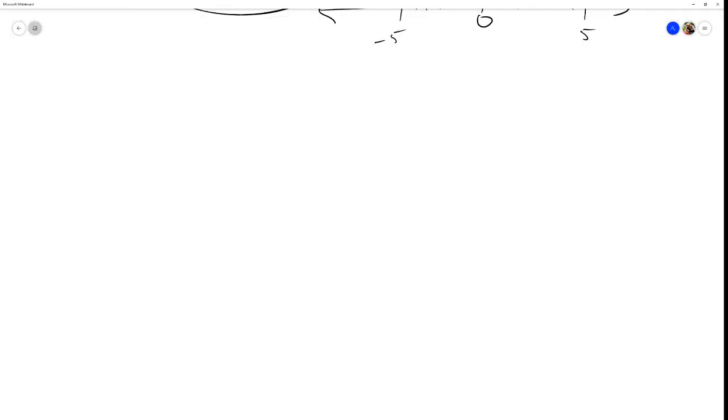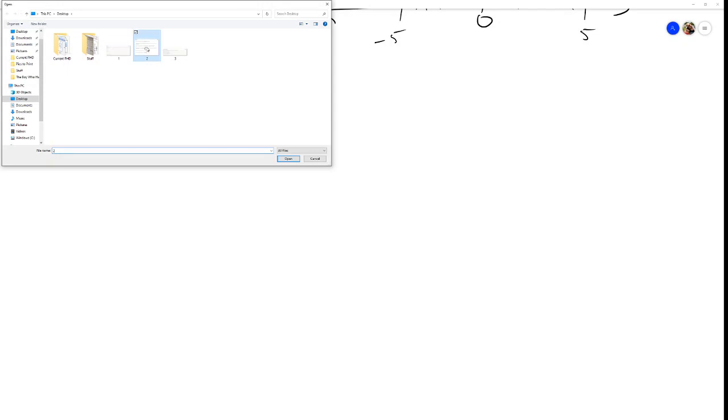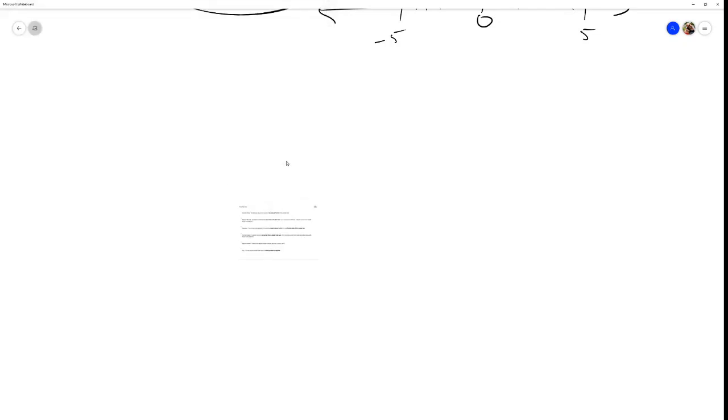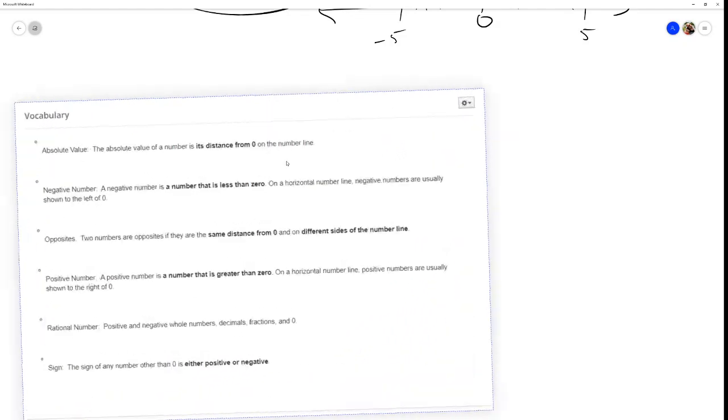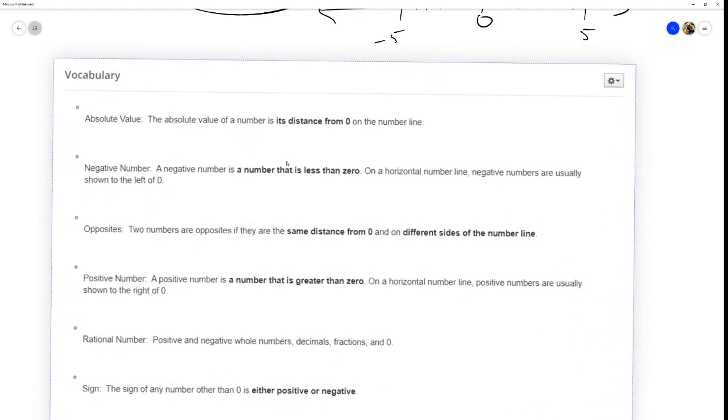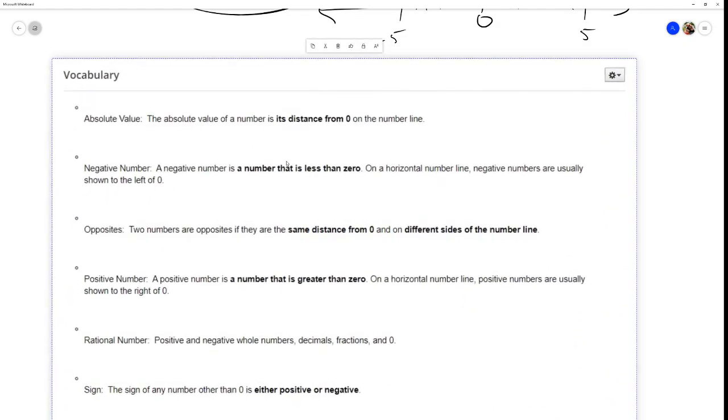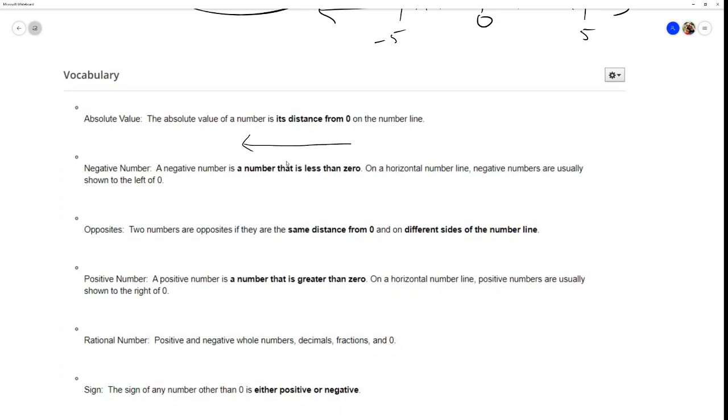Okay, we're going to insert. Let's do the second one. Okay, let's take a look at these. This was vocabulary. Absolute value is the value of a number, its distance from 0. So let me just show you what we mean. 0, 1, 2, 3, 4, 5.